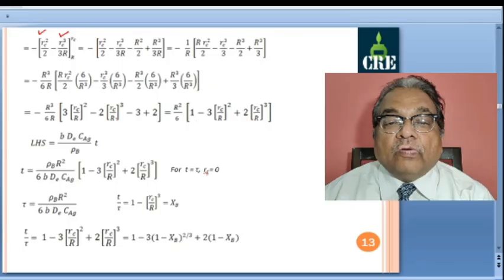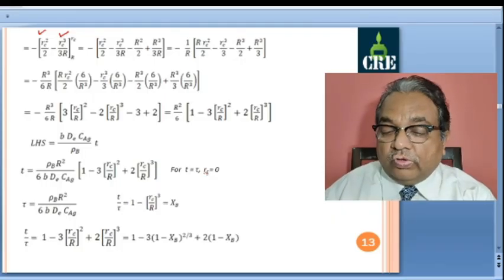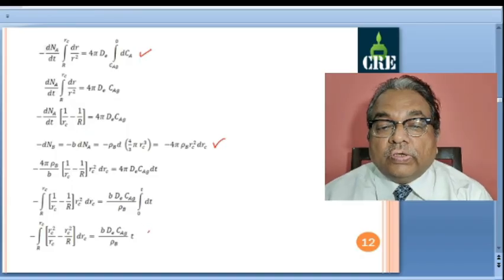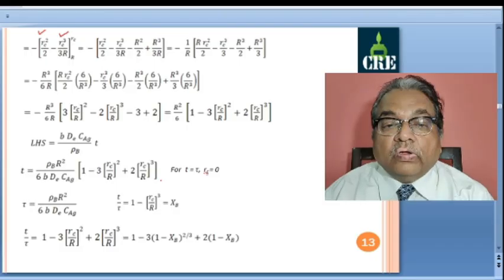So we got this expression, which is equivalent to b d e cag by rho b into t. This one, b d e cag by rho b into t.